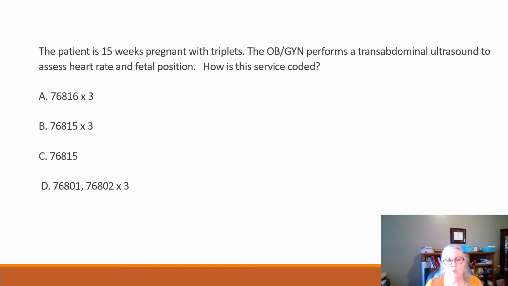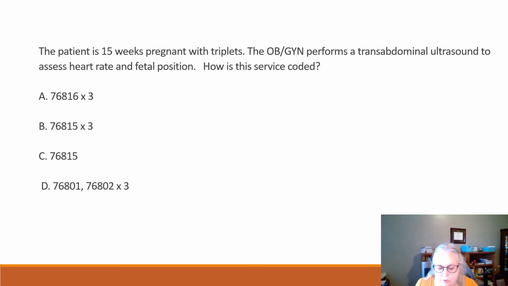I like to look at things in order, so let's look at 76815. Whenever I see the word triplet, my mind automatically goes to putting ×3 on there because there are 3 different fetuses. But we don't really know until we read the full code descriptor of what can be added per code. 76815 is on page 551 in your CPT 2022 book from AMA.